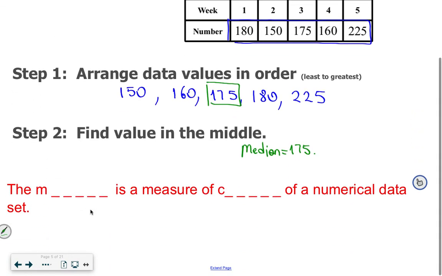Let's fill out the blanks. The median is a measure of center of a numerical data set. You need to order from least to greatest, and then you need to get the number in the middle.